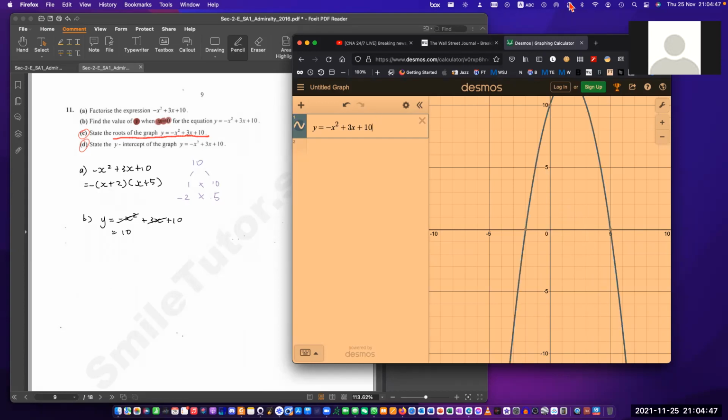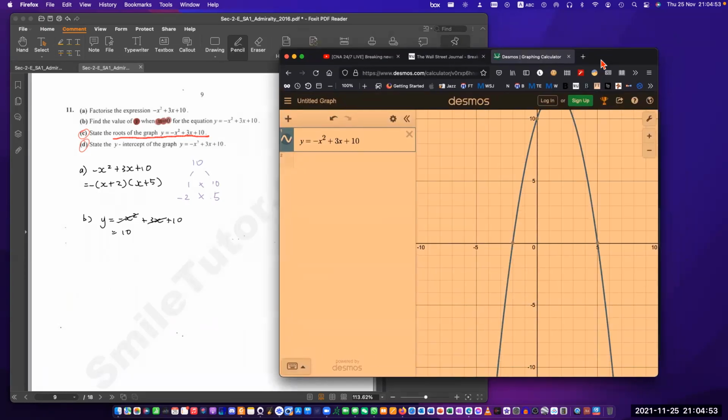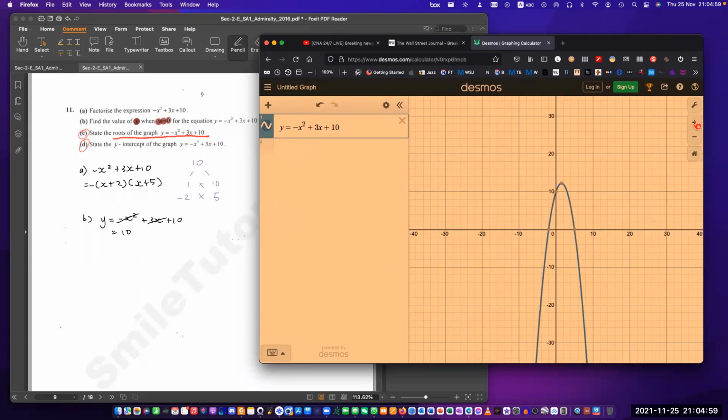Graphically, this equation should look something like this. Let me just zoom into it.